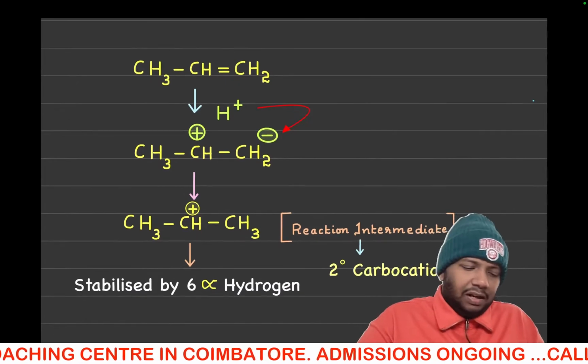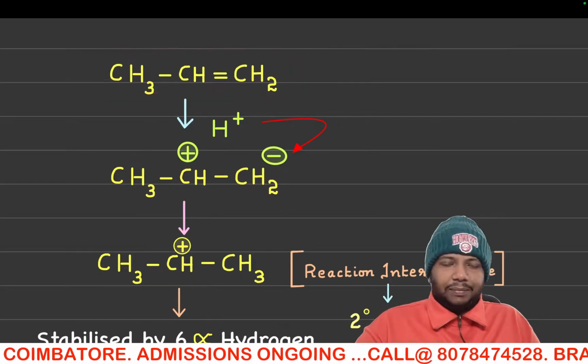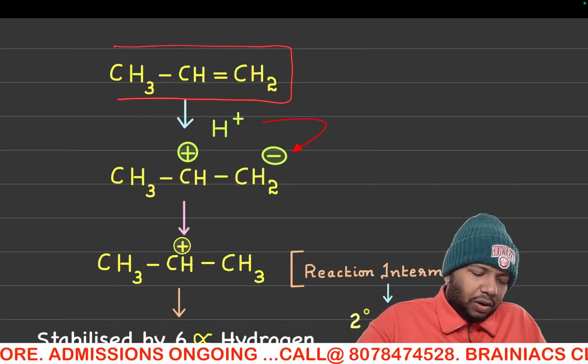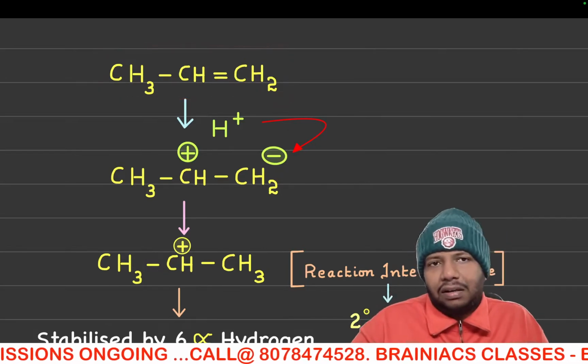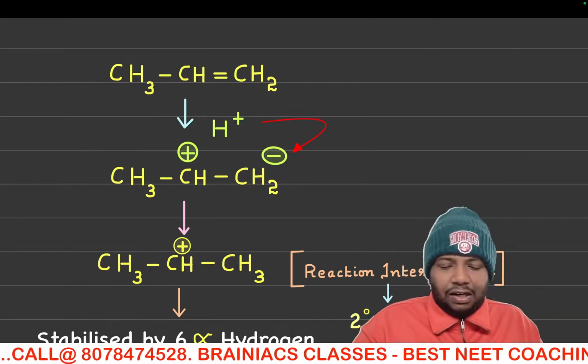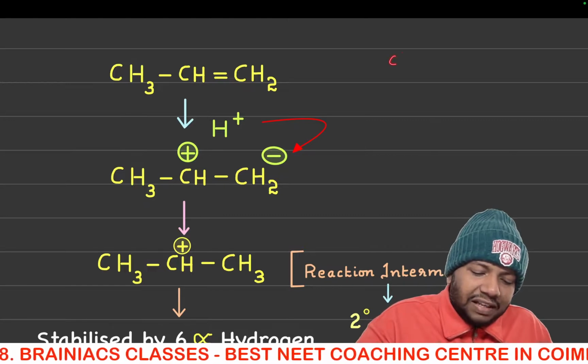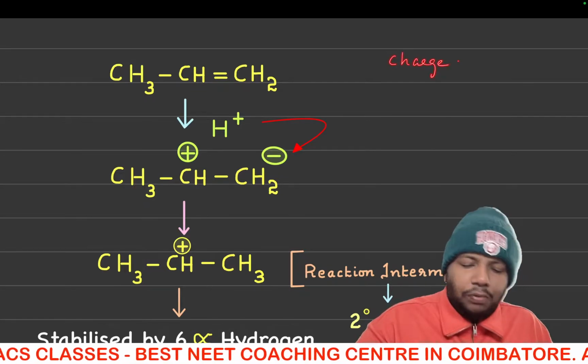Very simple. Whenever a compound is given, this is the simple way to analyze it. First we need to understand where the reaction center is. A compound can become reactive when any of these 4 categories are present. Whenever a charge is present, positive or negative, the compound will become reactive.